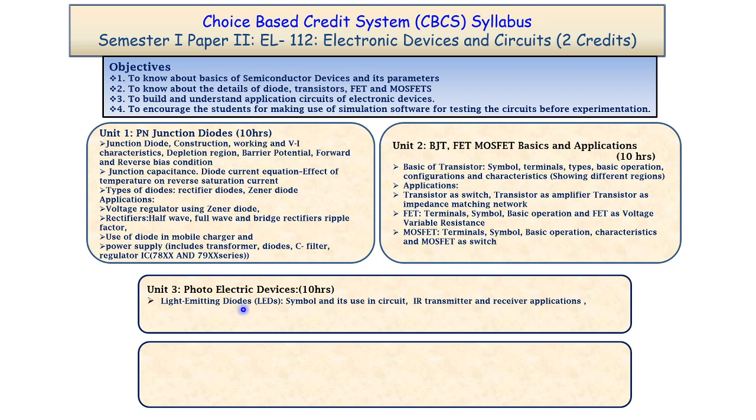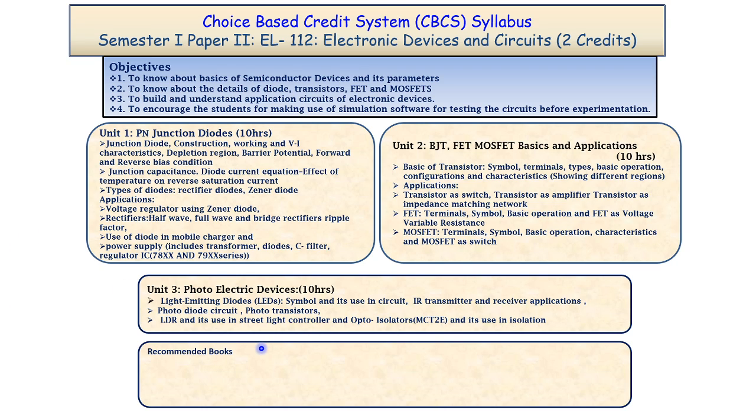Light emitting diodes, LEDs, symbol and its use in circuits, IR transmitter and receiver applications, photodiode circuits, phototransistor, LDR, light dependent resistor and its use in street light controller, and opto-isolators, the IC MCT2E and its use in isolation.